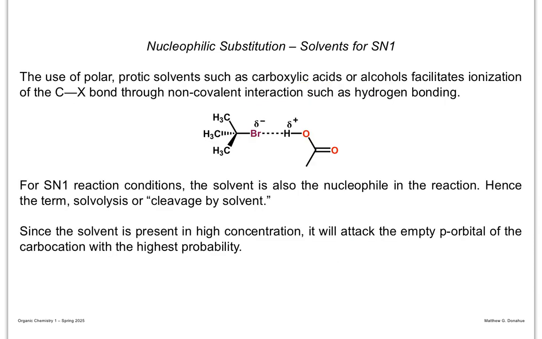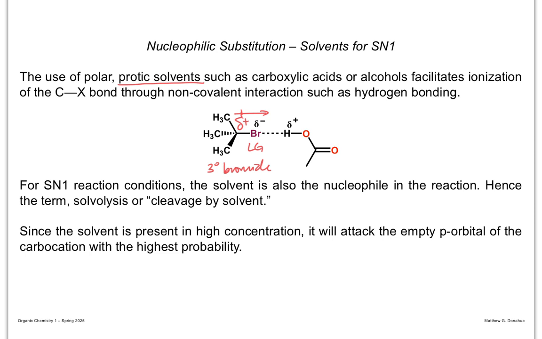So why do we use protic solvents now? Why are protic solvents, carboxylic acids and alcohols, important for the SN1 mechanism? We know that, given our tertiary bromide, we have that polar bond, so C-Br, where Br is the leaving group. That's a polarized bond, so that's the bond dipole.